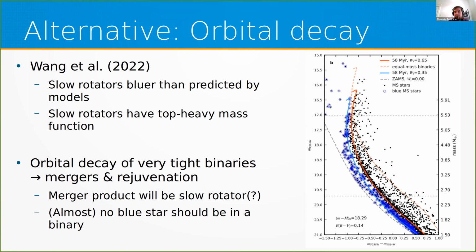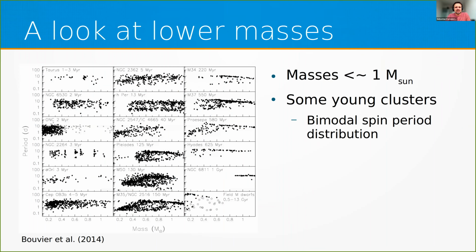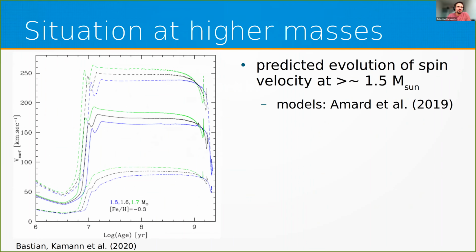We also have another question in the chat from Gregor Rao: wouldn't you expect a continuous distribution in rotational velocity rather than a bimodal distribution in the disk locking scenario? Yes, that's a very good point. Indeed, there's no intriguing argument why you always expect a bimodal distribution from this.